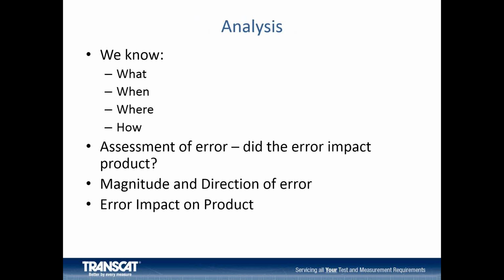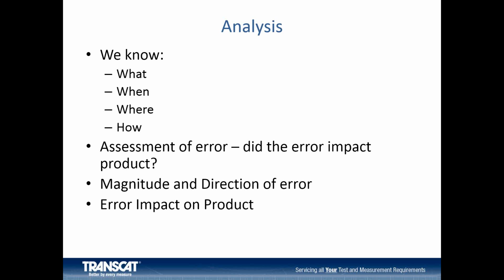Okay, so what do we know? We know what was out of tolerance, when it was used and when we have to worry about it, where in our processes it could have impacted, and how it was used. Now you need to assess the error.